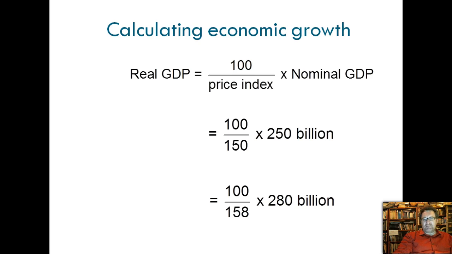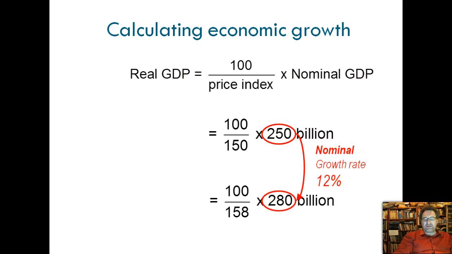And then let's say the year after that, nominal GDP goes up to $280 billion. Base year is still 100, divided by the price index, which has gone up from 150 to 158. So we can calculate the nominal growth rate.